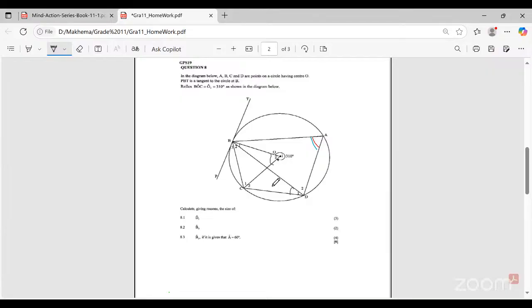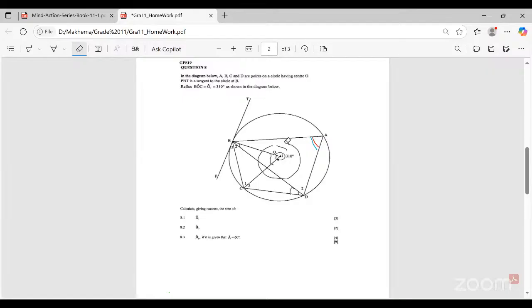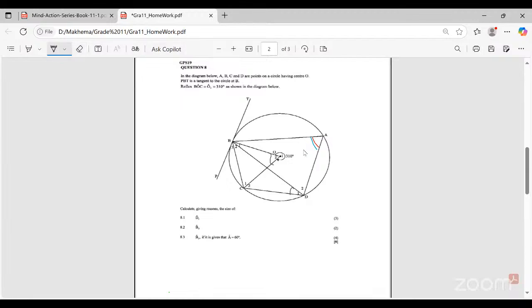No, reflex angle is just that angle that we are given, which is that 310. So your reasoning is going to be a revolution, because now we are talking about the whole rotation. But yes, that's a very good approach. It's correct. This angle is going to be 360 minus 310, which gives us 50 degrees for this angle.